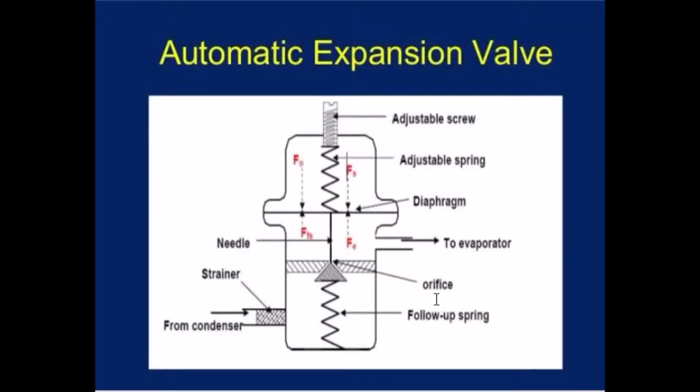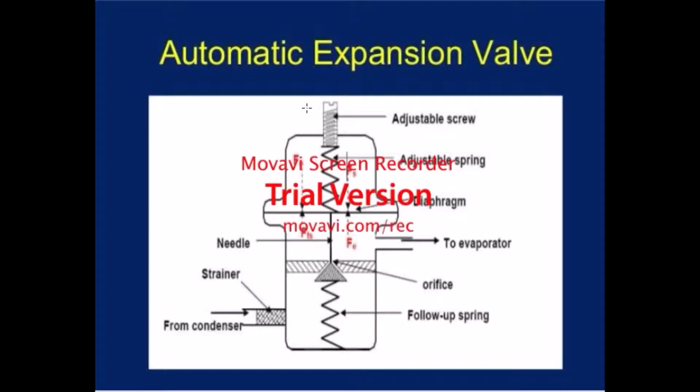Okay, this figure will show the condition of input and output. So which one is the input? This one is input. Yes, this one is input. What input? Refrigerant input. And then this one is output.